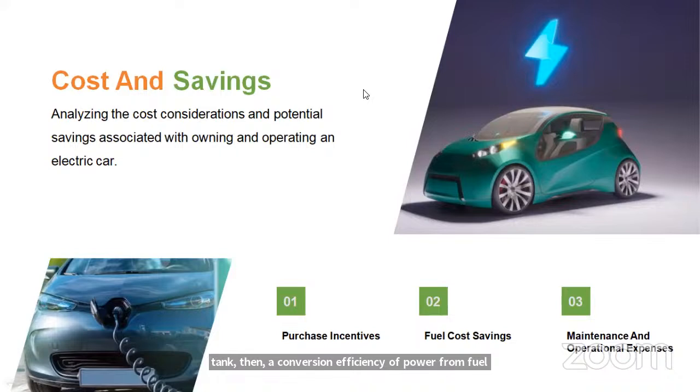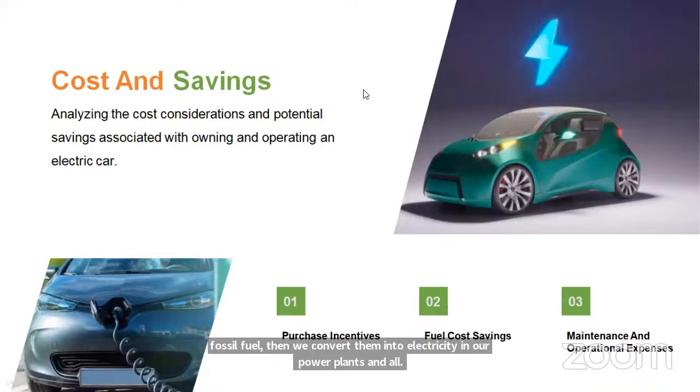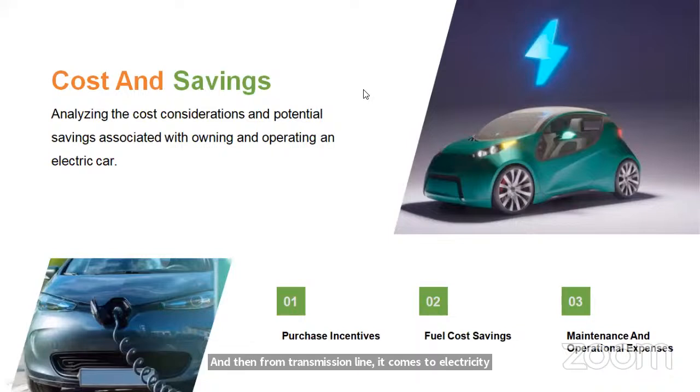In case of an electric vehicle, we have fossil fuel, then we convert it into electricity in our power plants, and then from the transmission line it comes to our grid, and then from the grid we take it to the battery pack to charge it via a charger. If you compare these two efficiencies, the electric vehicle efficiency is far better than the IC engine vehicles.